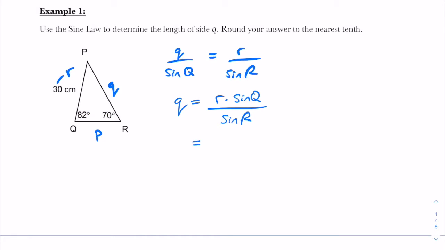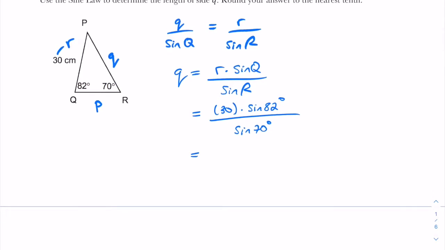So side R is 30 centimeters, multiplied by sine angle Q, and divided by the sine of angle R. Okay, so working this out on your calculator, and please make sure that you're in degree mode, you should get a side of approximately 31.6.